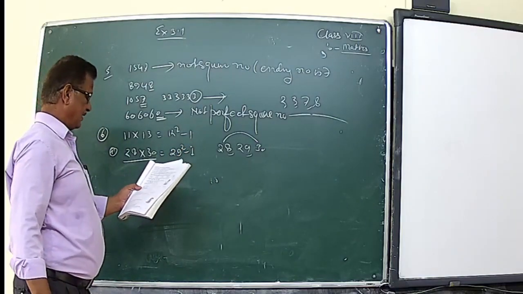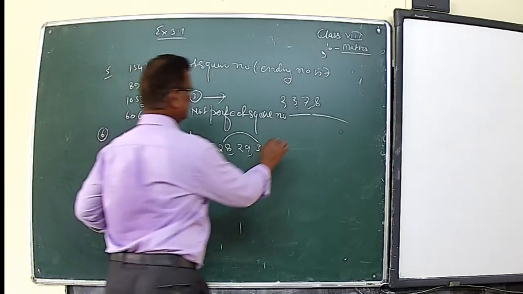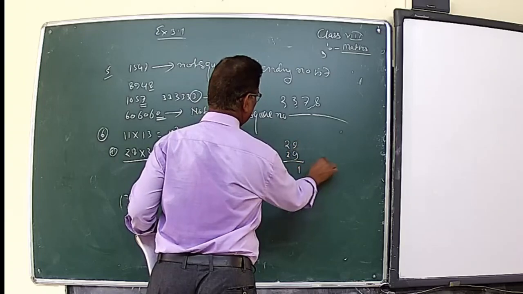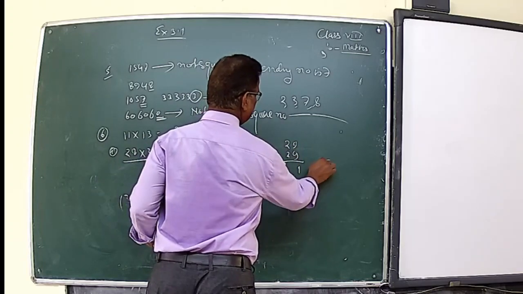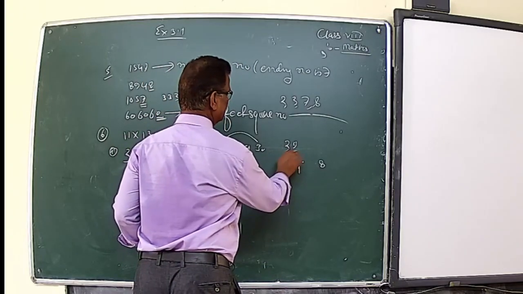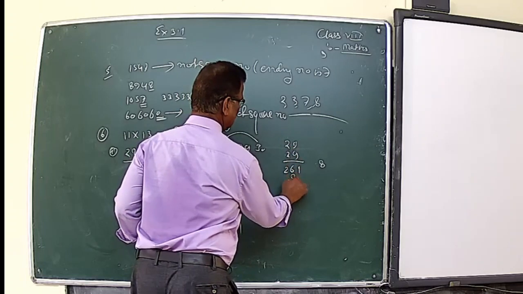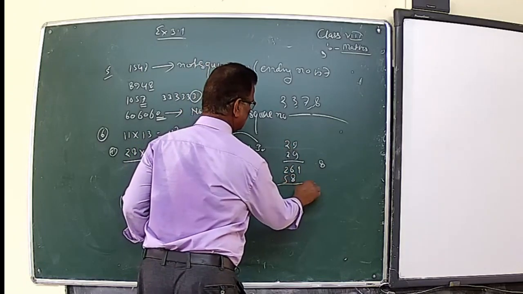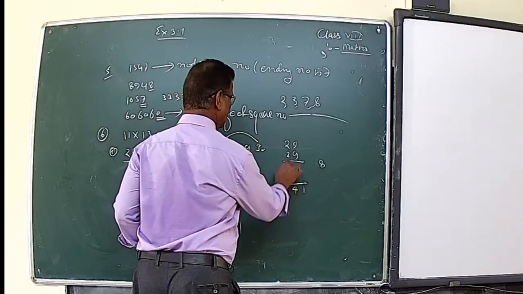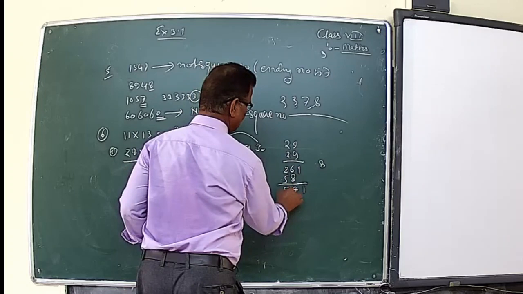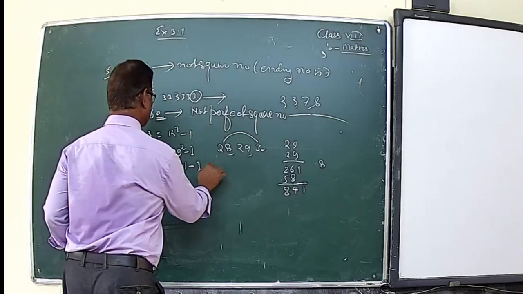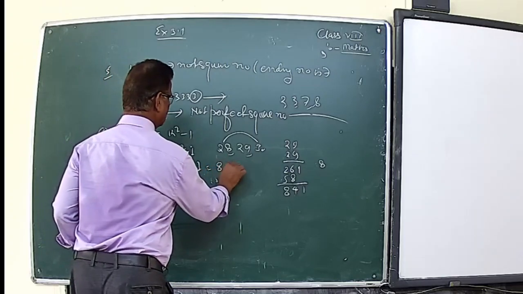Then you can solve by the pattern: 29 into 29 is 841, and 841 minus 1 is equal to 840.